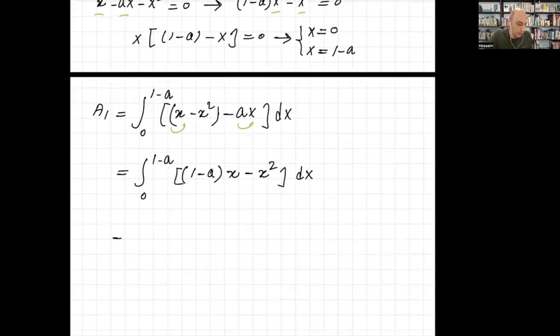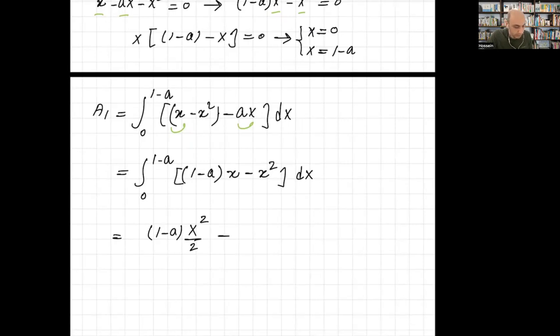Then I can solve the integral. The first term, 1 minus a, is constant, and x is the variable, so the integral is going to be 1 minus a, which is the multiplier, and then the integral of x is x squared divided by 2. And then the second term, the integral of x squared is x cubed divided by 3.